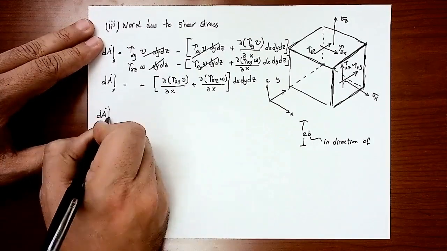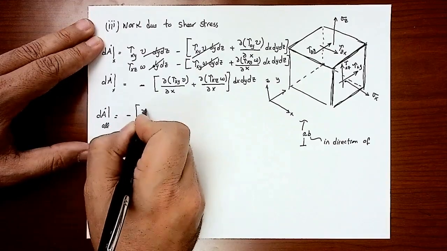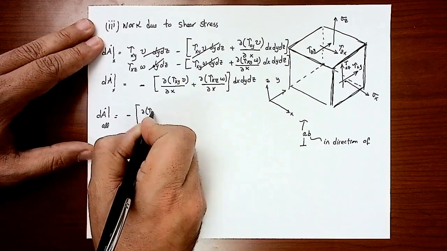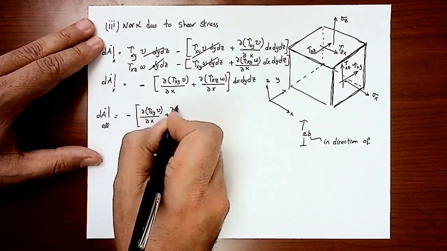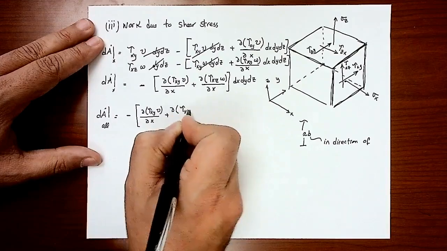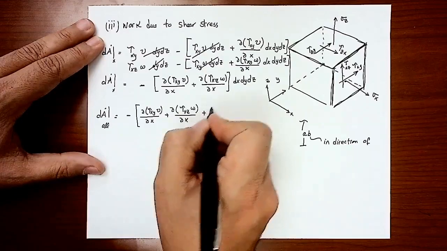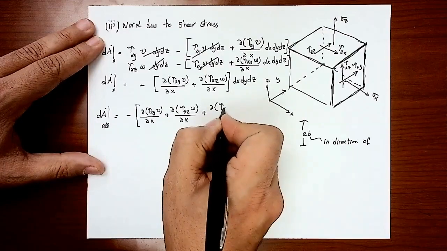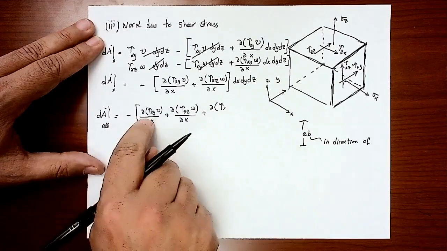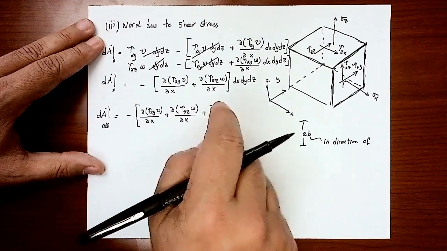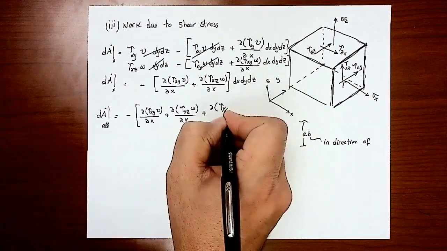dA dot all will be minus partial tau xy v by partial x plus partial tau xz w by partial x. Then I will have plus partial tau yx.